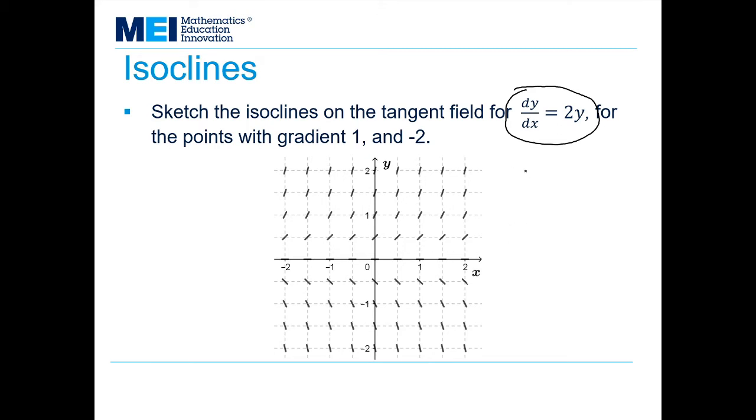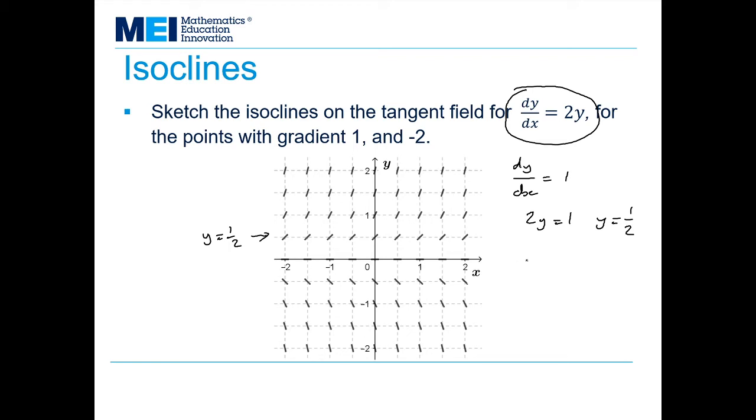In order to find the isoclines for gradient 1, I want dy by dx to be equal to 1, so that means that 2y is equal to 1, which means that y is equal to a half. And if you look here on the line y equals a half, all of these little lines in the tangent field have gradient of 1.